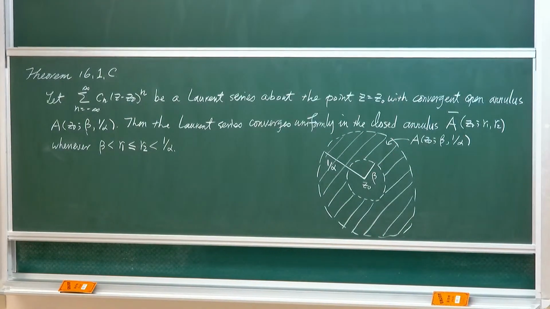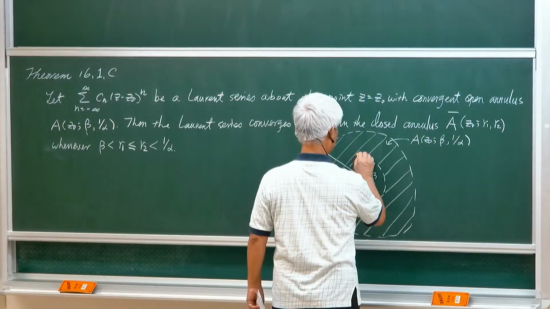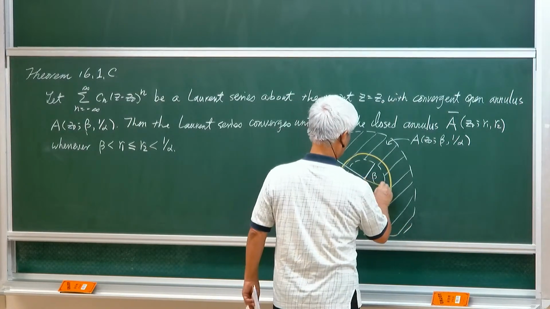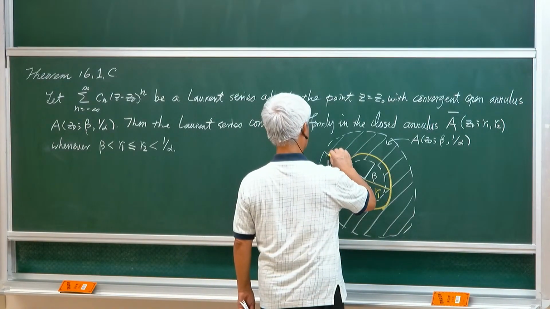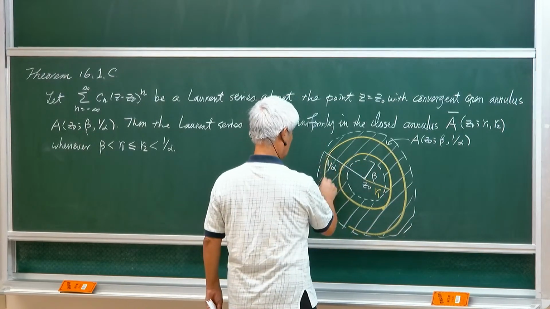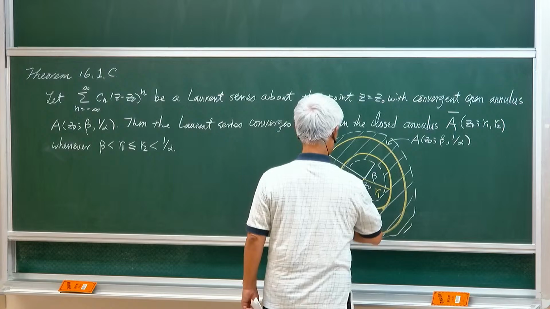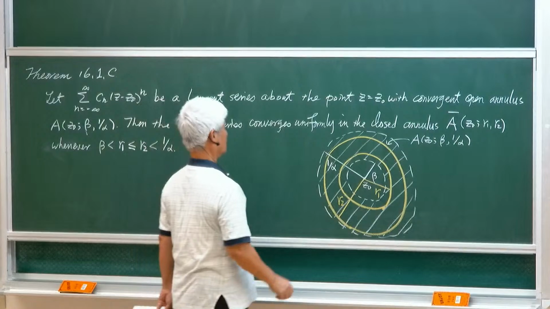So if we select R1, which is greater than beta, so this here, okay, so this is R1, and R2, okay, so R2 is greater than or equal to R1, but less than 1 over alpha.